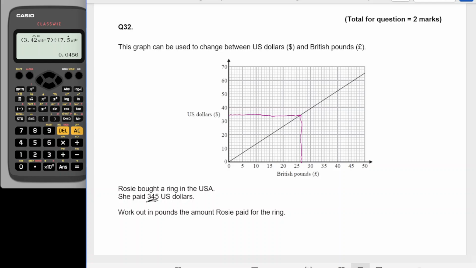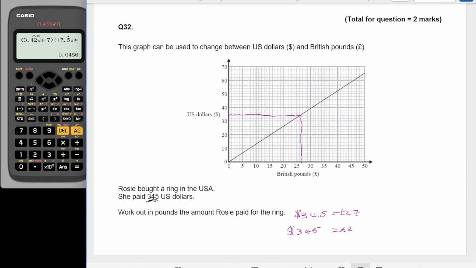So we'll go $34.5 is equal to, are we going to go 27, 26? Yeah, we'll go 27 pounds. So $345 is 10 times as much. My writing's going very messy.